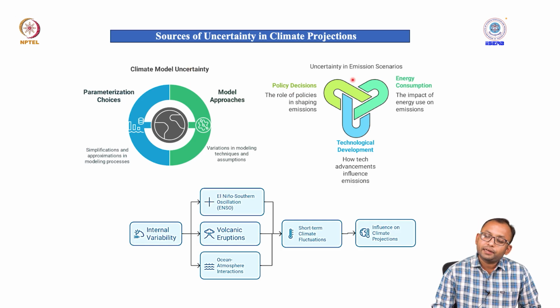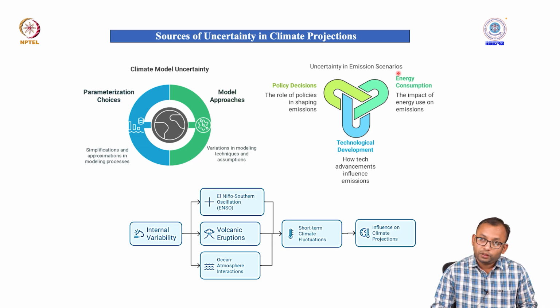And there is another uncertainty, or randomness, or let us say biases in our future emission scenarios. For example, we do not know exactly which path the future will lead to or evolve over time. So, for example, we are talking about different emission scenarios.